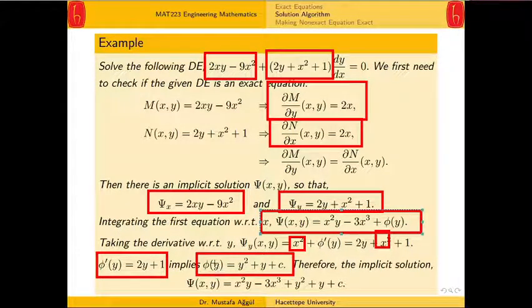If we substitute this in the solution, we can find our implicit solution: psi(x, y) is equal to x squared y minus 3x cubed plus y squared plus y plus c. So this is substituted, and we say this is equal to some constant.